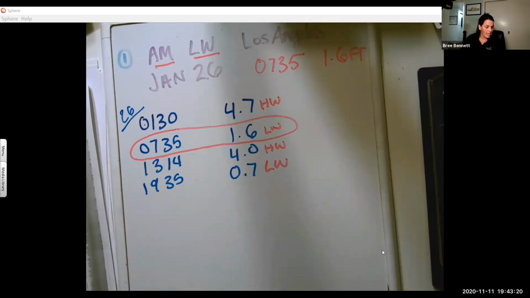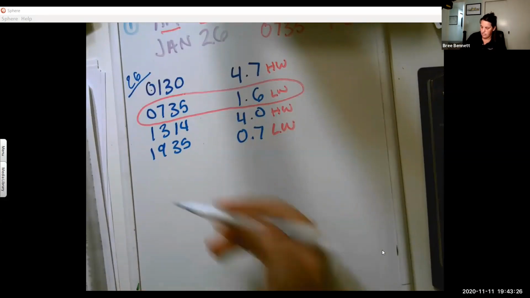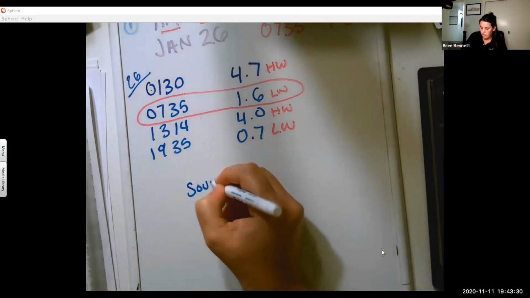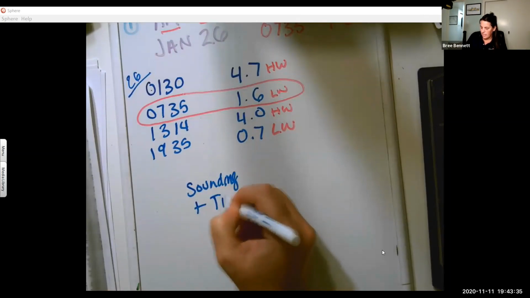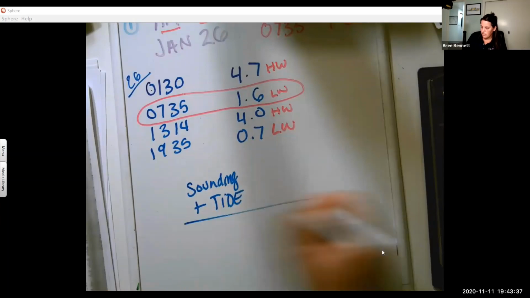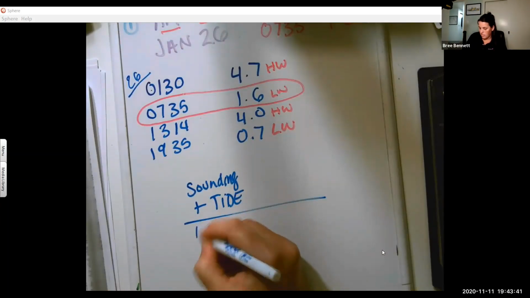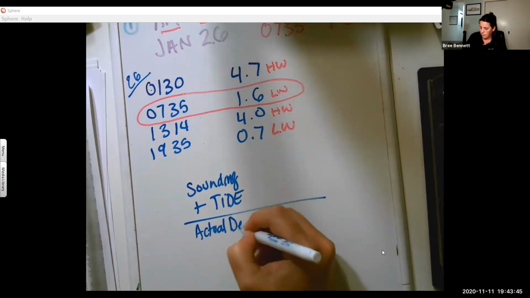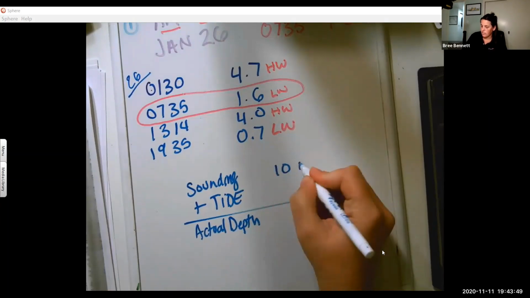And then they asked if we have the charted depth of 10 feet. So we have the sounding plus the tide gives us the actual depth. So our sounding was 10 feet.